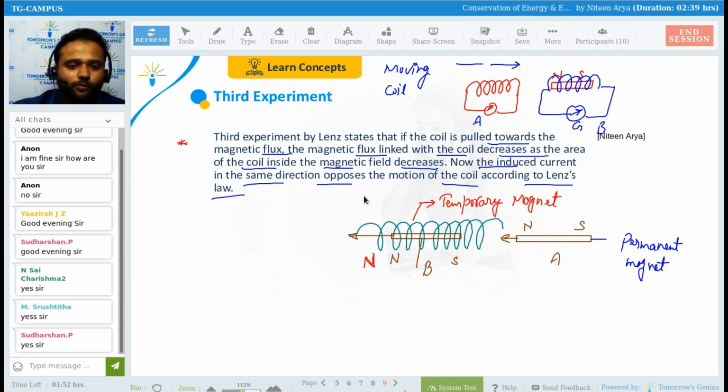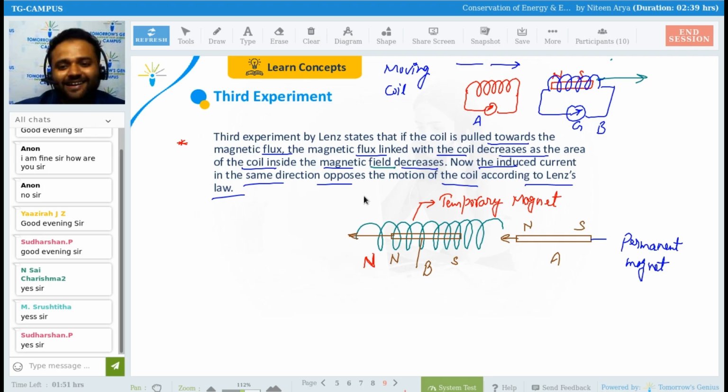Because it is moving, there is an induced current and a magnetic flux. So the magnetic flux linked with the coil decreases as the area of the coil inside the magnetic field decreases. The induced current then flows in the direction that opposes the motion of the coil.